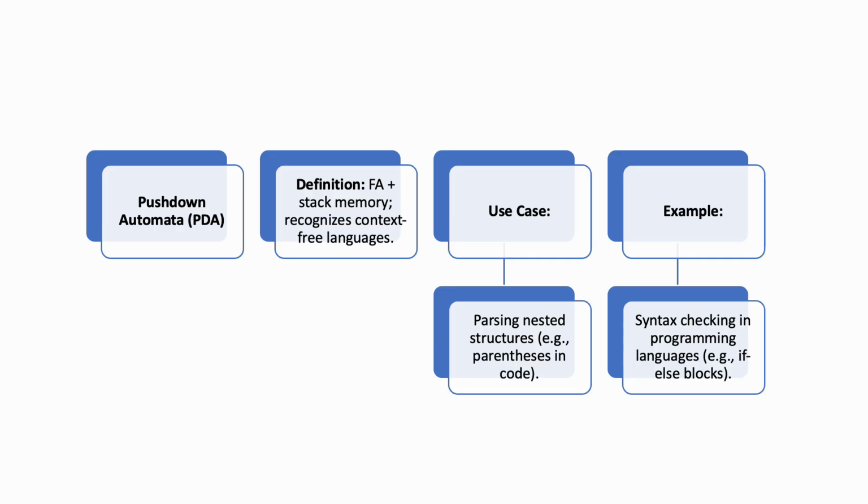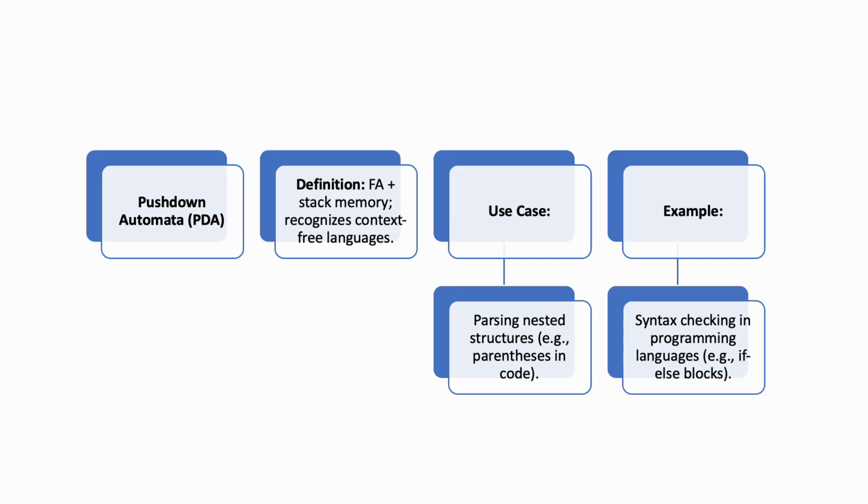Push-down automata are especially useful in compiler design and syntax analysis, where they help parse the hierarchical structure of programming languages. For instance, a PDA can ensure that every if statement is correctly paired with its else, if present, and that all code blocks are properly closed even if they are nested multiple layers deep.